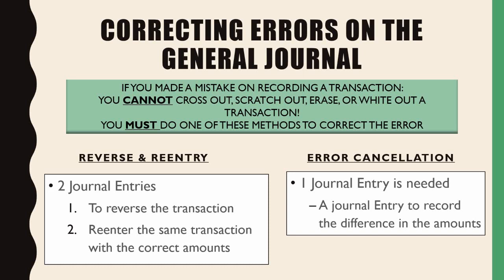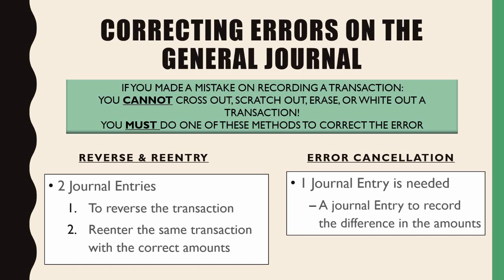Especially with programs such as Excel or QuickBooks, because it's a program, we're able to override it, delete it, and re-enter it. But in this kind of context, when we do remove a specific transaction and re-enter it, we run into problems where we have a possibility of making more errors.